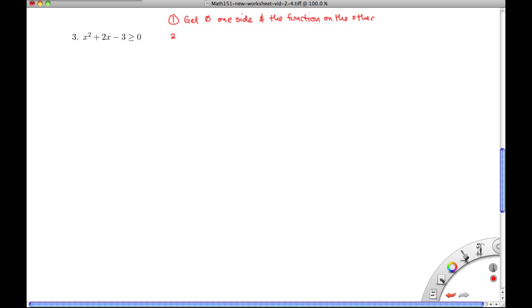Now, once we've isolated the function part of our inequality, we're going to want to go ahead and find the zeros of our function. So find the zeros of the function. And then third, and there's a little bit more to it than just saying this, but we're going to make a sign diagram.